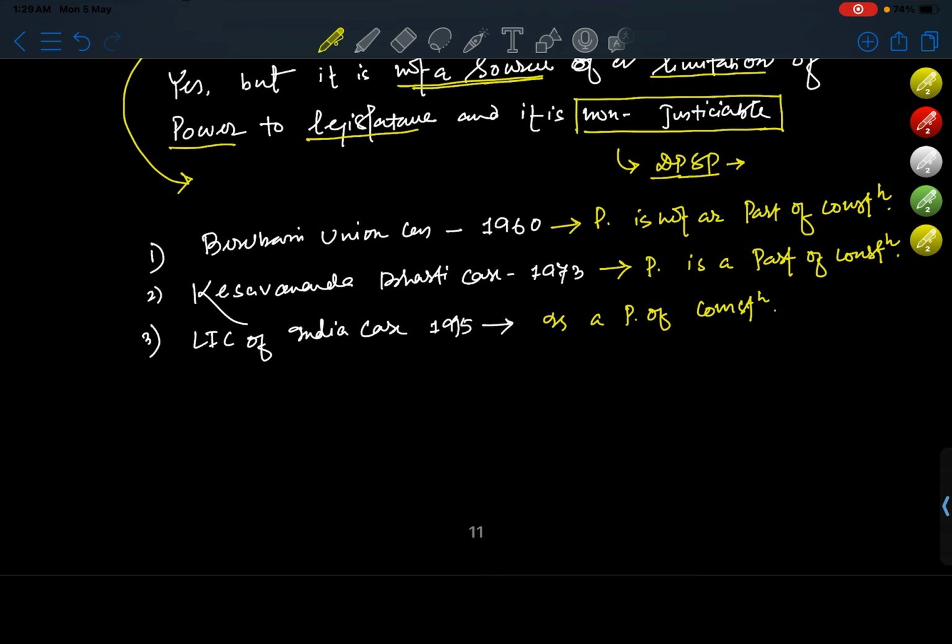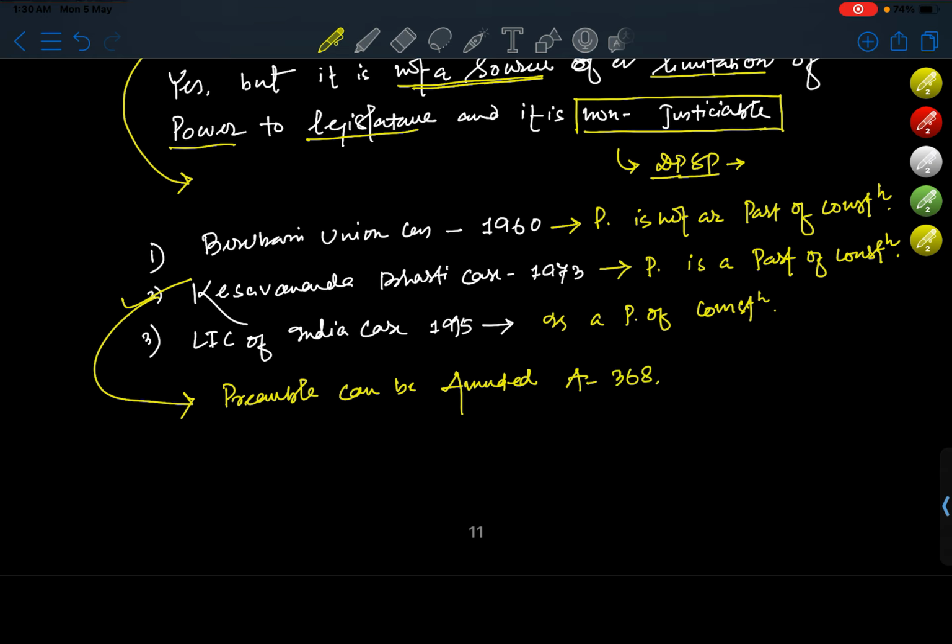Now, as I told you, the Keshwanand case is a very landmark judgment in the history of India. What was that? In the Keshwanand Bharati case, the Supreme Court told that the preamble can be amended under Article 368, but subject to the condition that no amendment is done to the basic structure.